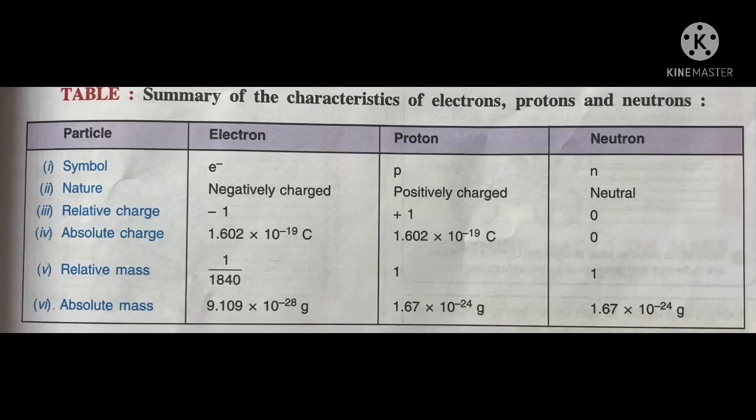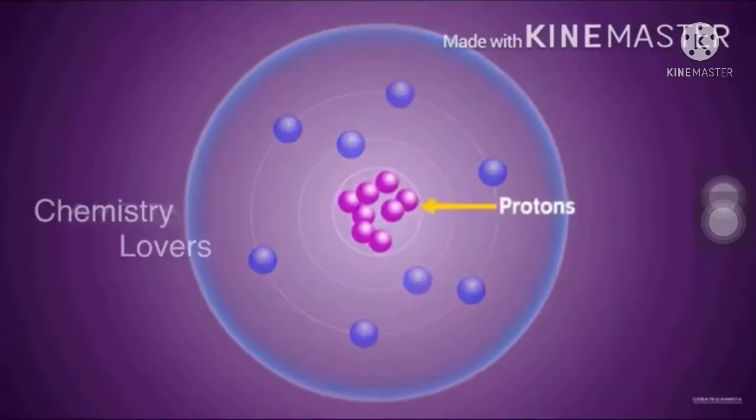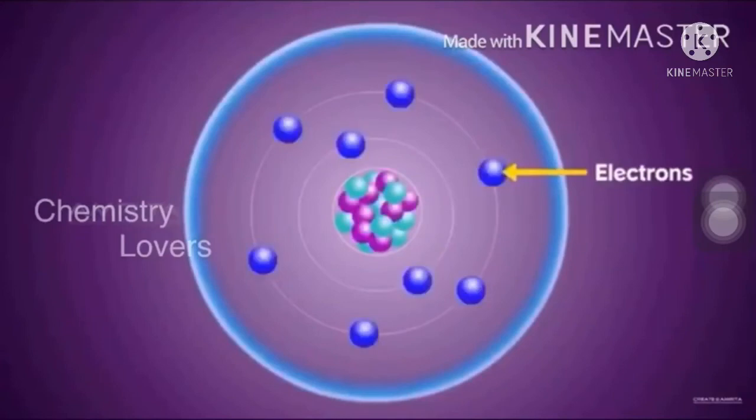Now from this table you can see the symbols of electrons, protons and neutrons, their nature, relative charge, absolute charge, relative mass and absolute mass. Let's remind ourselves of the atomic structure again. We all know that the atom is made up of particles known as protons, neutrons and electrons.